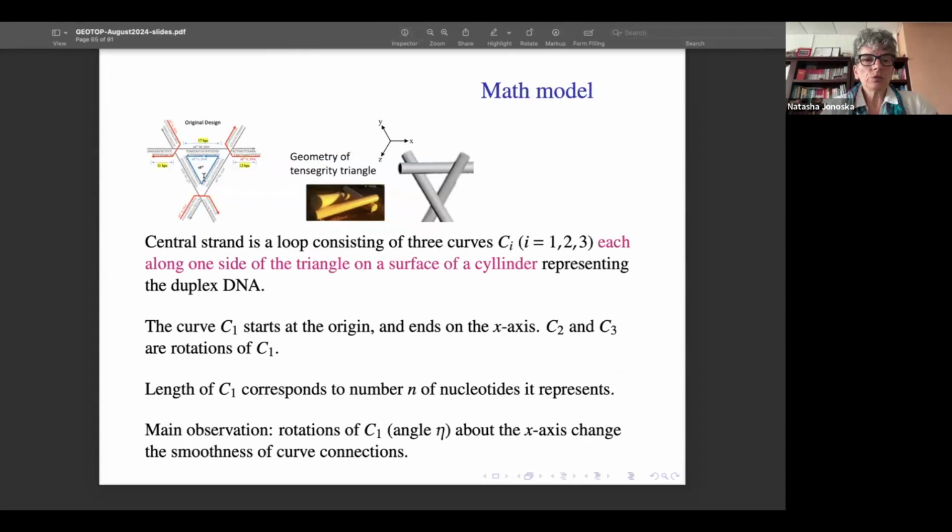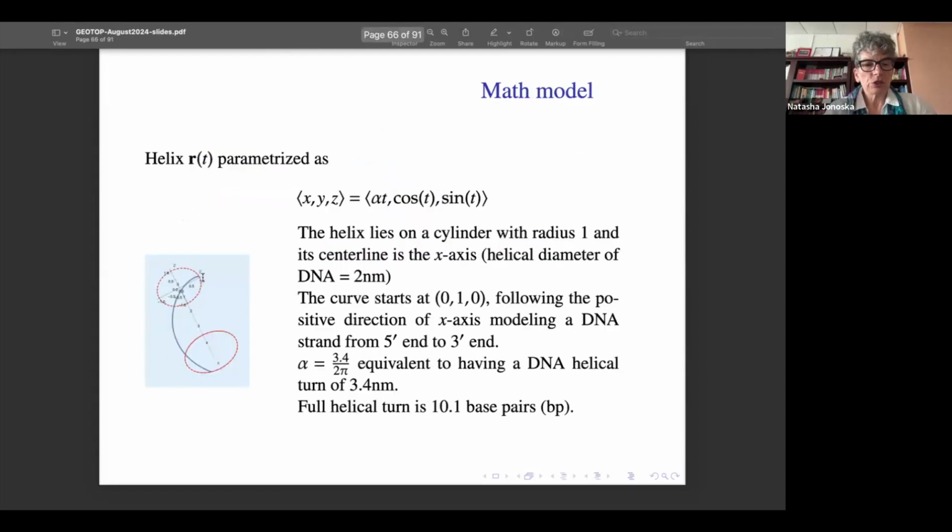So we started modeling this cyclic molecule in the center and with 3 curves, one on each side of the triangle. And so this would be a curve.